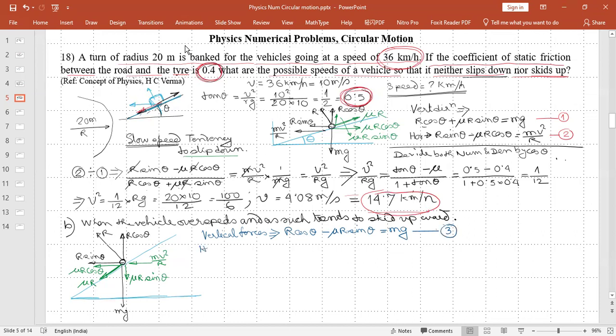And horizontal forces, you will find R sin theta is on the left hand side. There is another left hand side force, mu R cos theta.